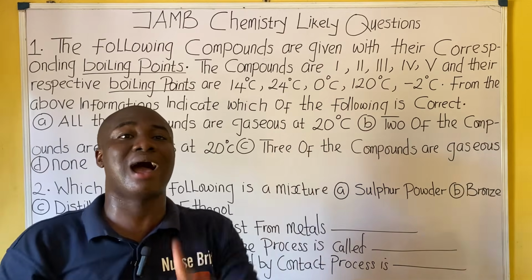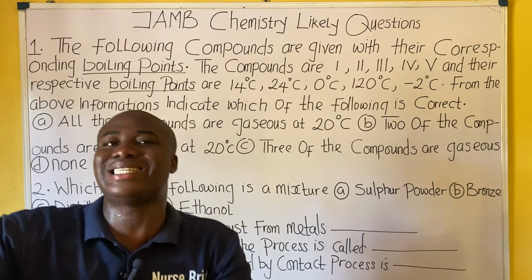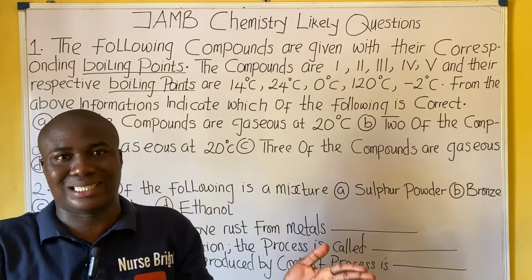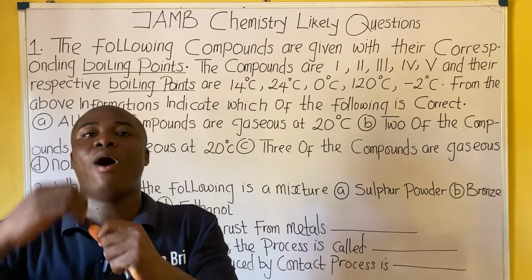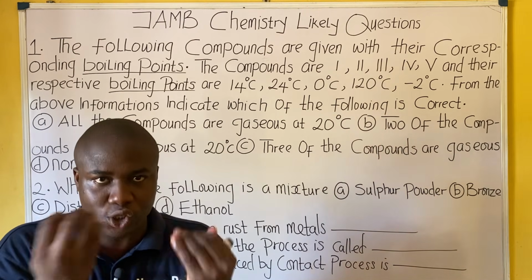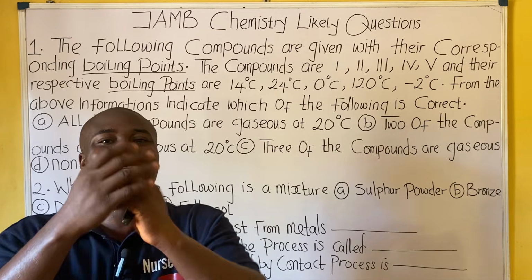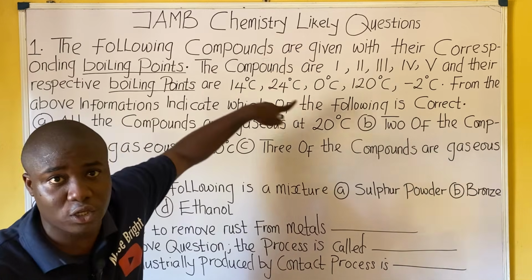On definition, boiling point is the temperature by which a substance, and this substance can be anything, it can be this marker, changes. This is the simplest definition you should know about boiling point, and knowing that will help you solve this question.